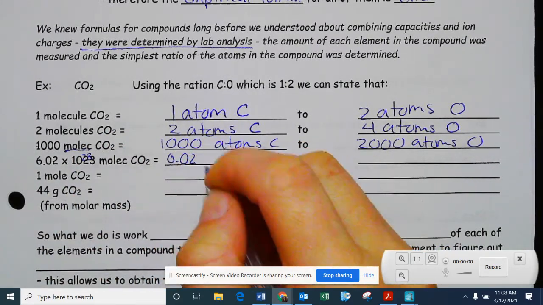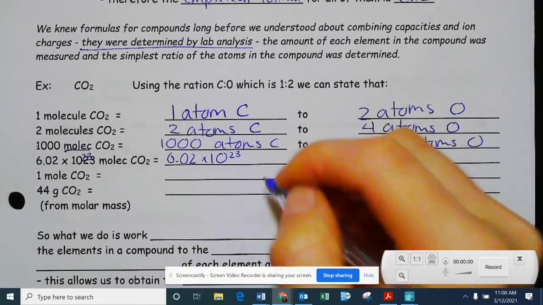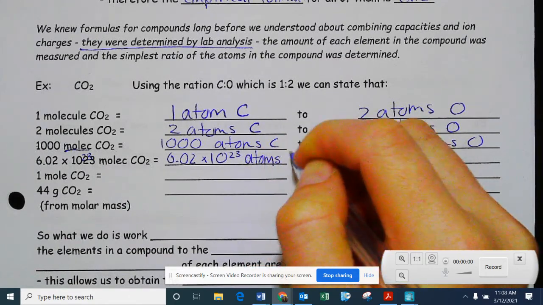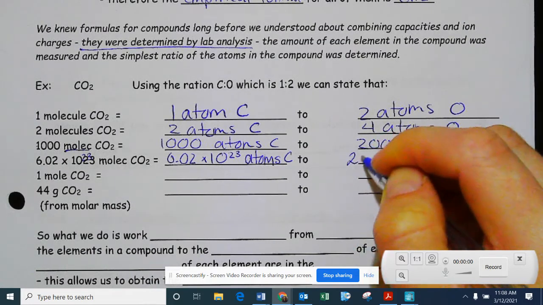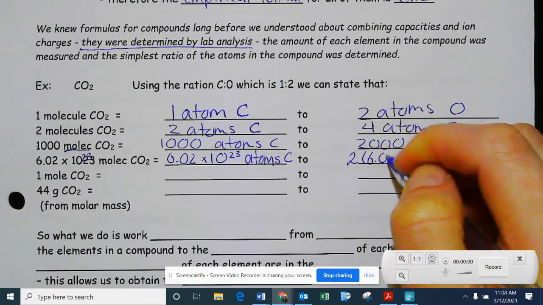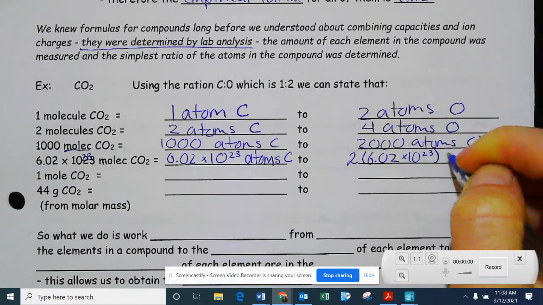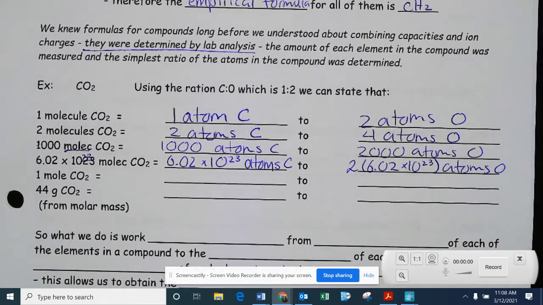In 1 mole, where we've got 6.022 times 10 to the 23, we've got that number of atoms to 2 moles. And then obviously you could multiply that out and you get 12.04.